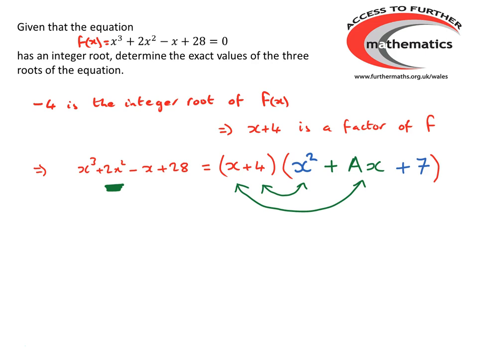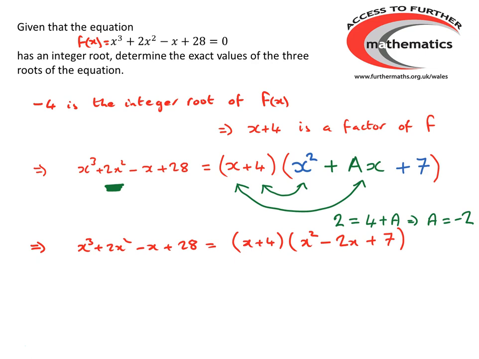So for this expansion to work, I certainly need to have 2 to be the same as 4 plus a. In other words, I need a to be negative 2. So we have the factorisation x cubed plus 2x squared minus x plus 28 equals x plus 4 times x squared minus 2x plus 7.